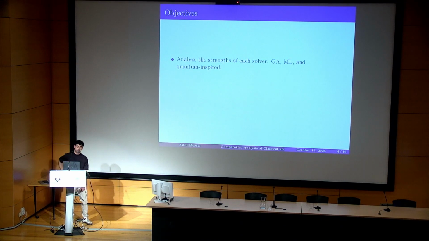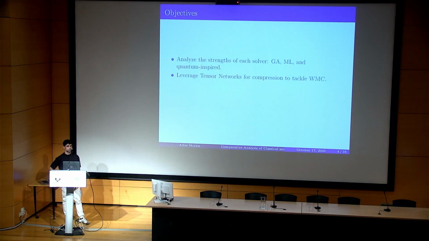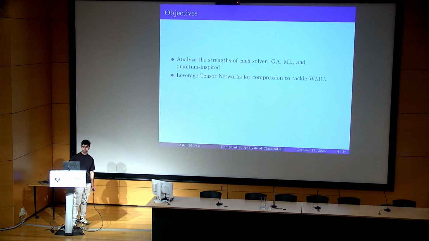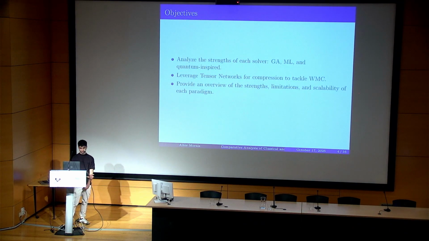Okay. The objectives of this study were, first of all, to analyze the strengths of each paradigm for this problem. Also, we want to explore the compression capabilities of tensor networks for the problem. And we want to provide insights about the strengths, limitations, and scalability of each paradigm.